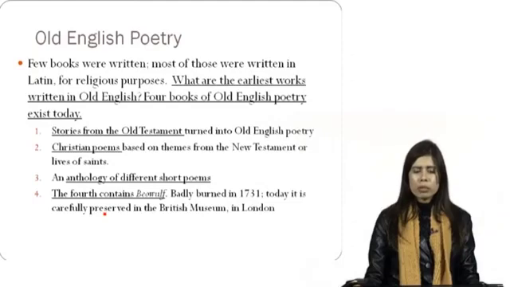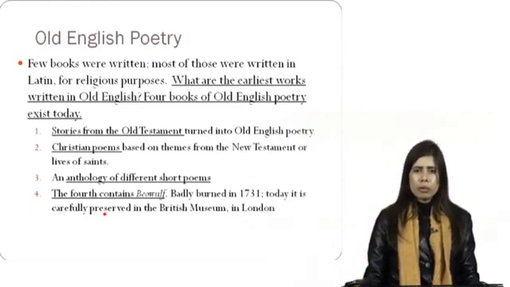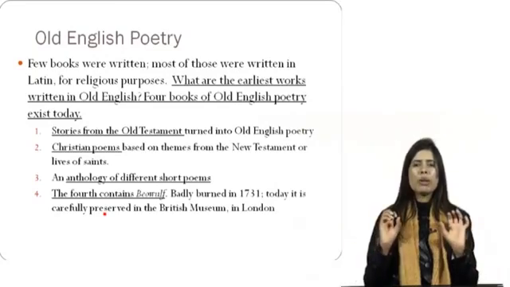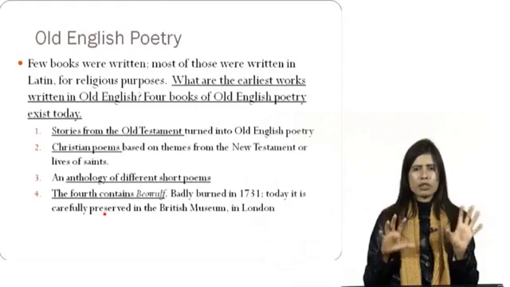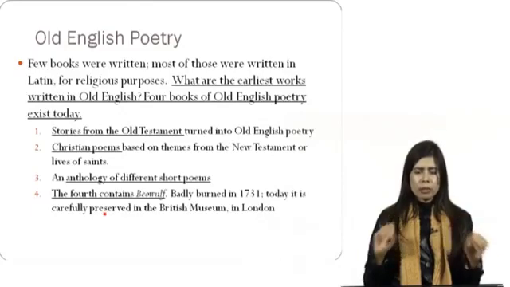These are stories from the Old Testament turned into Old English poetry. This is one book that is still available. Another book still available is Christian poems based on themes from the New Testament or lives of saints. So these are religious books as well. The very names suggest that they are based on religious themes.